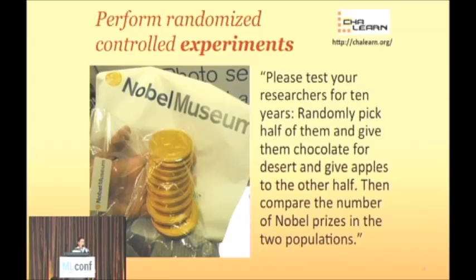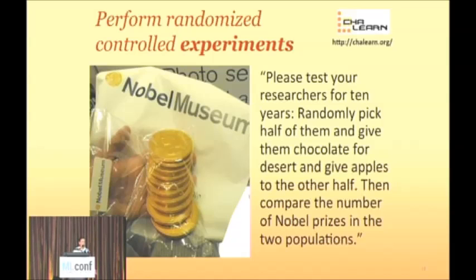So the answer to disentangle this problem is to conduct experiments. Experiments are not that easy. Notice that the Nobel Museum also made some money on this, and immediately issued chocolate coins. So you could run the following experiment. Test your researchers for 10 years.